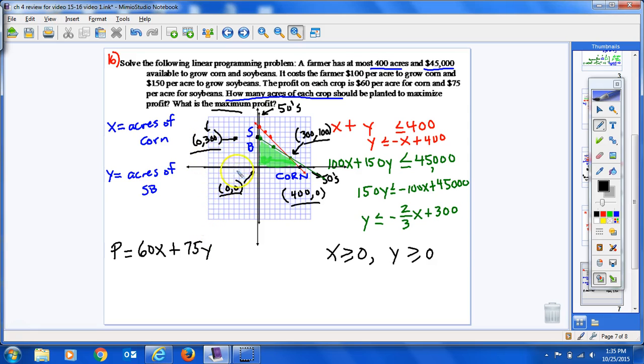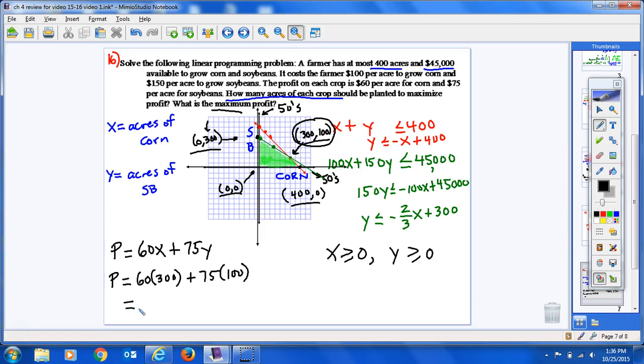Which of these 4 vertices would give you the highest number for P? And to save a little bit of time, it's this one. You can test them all, but if you have 300 acres of corn combined with 100 acres of soybeans, that's going to give you the highest number for P.